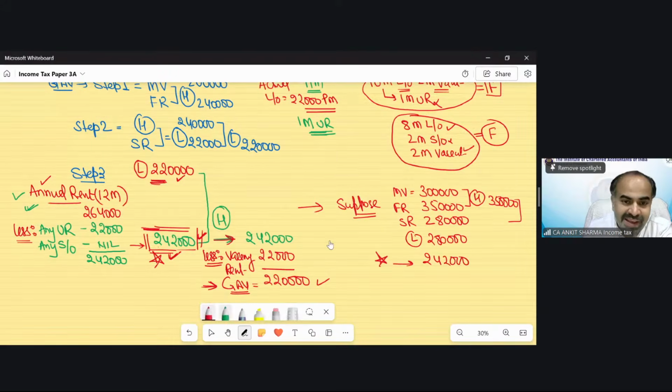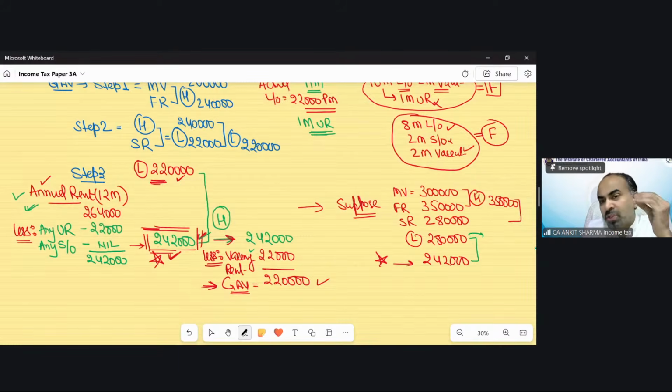So the provision says that if annual rent value is higher, then you can reduce the vacancy rent. But if in this situation the higher value is the government value, which we have derived from the municipal value, fair rent and standard rent concept, this 280 being the higher value after comparison with this value, then there would not be any vacancy rent deduction.